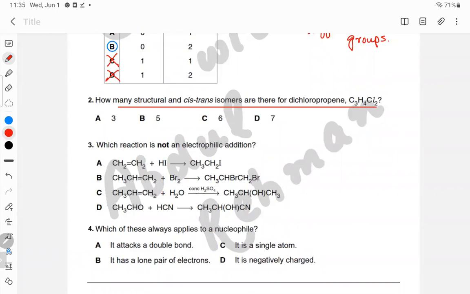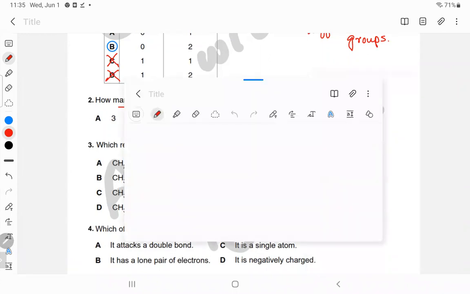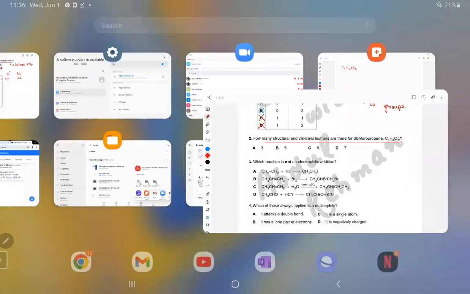Okay, let me open another page. So it's C3H4Cl2, right? Yes.